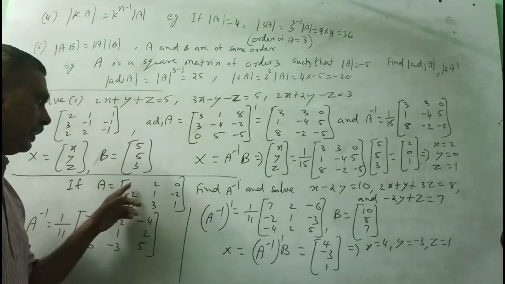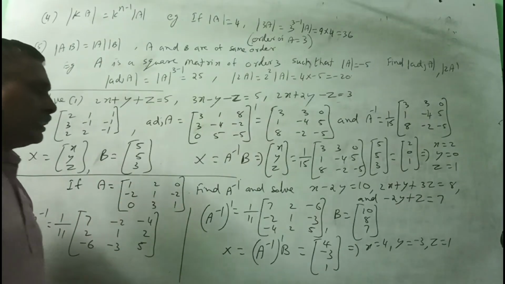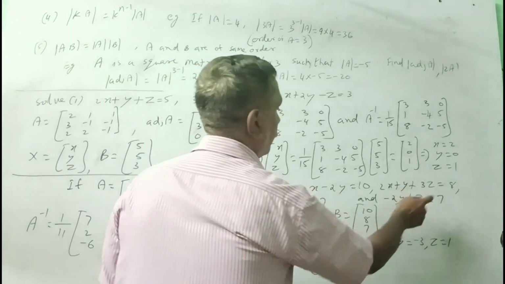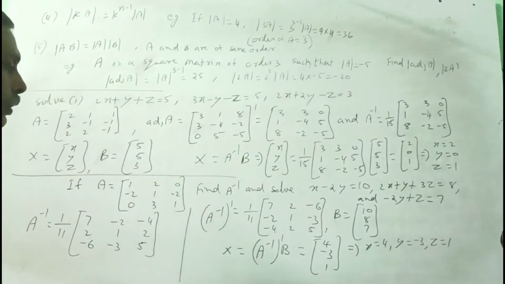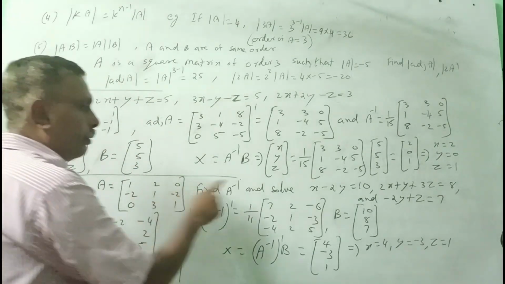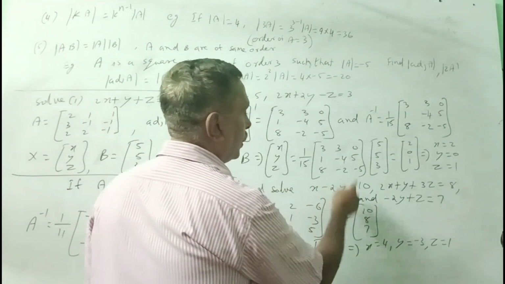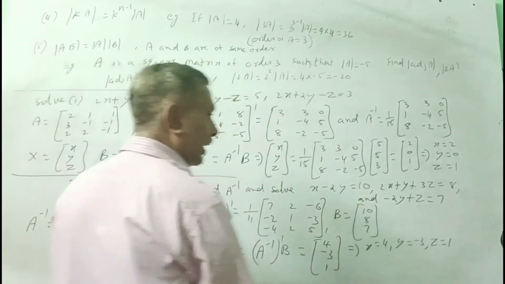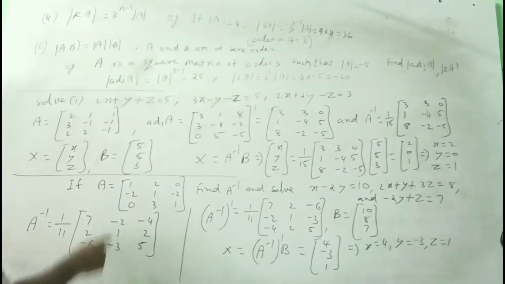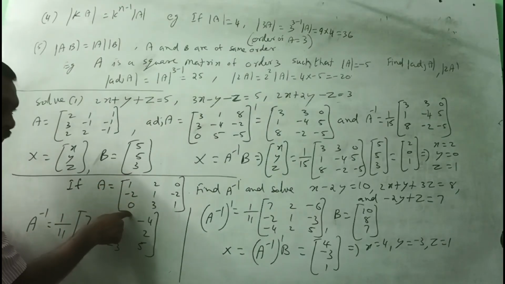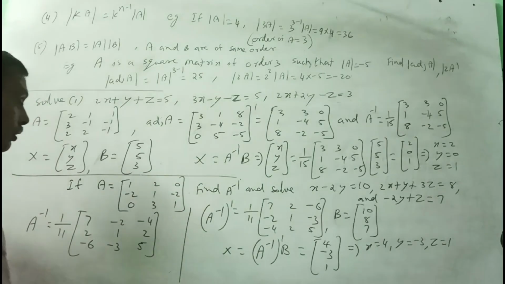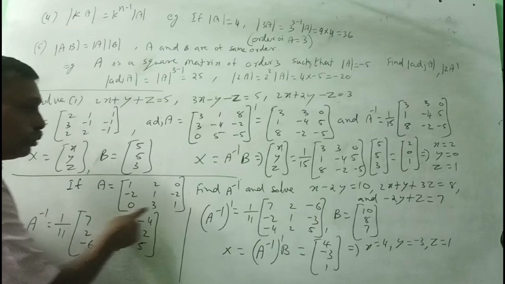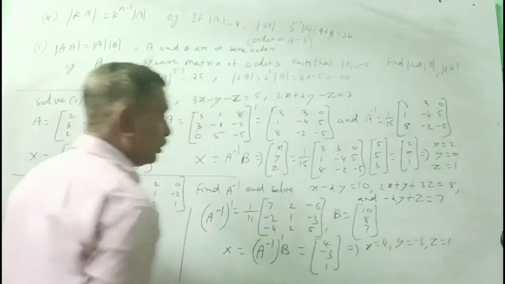Now you will observe how these matrix coefficients are related to the given equations. Here it is 1, 2, 0, but here the coefficients are 1, minus 2, 0. So that means these coefficients are not written here. In such cases you see in this direction whether the coefficients are matching or not. 1, minus 2, 0. Yes, it is coming 1, minus 2, 0.